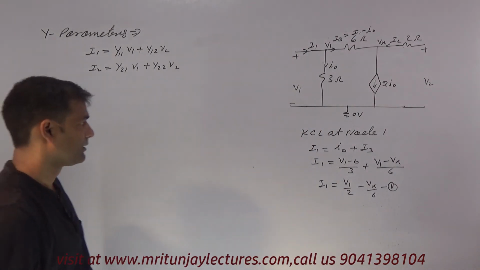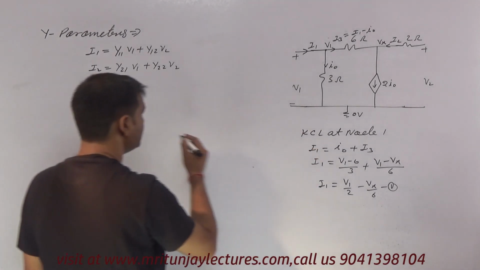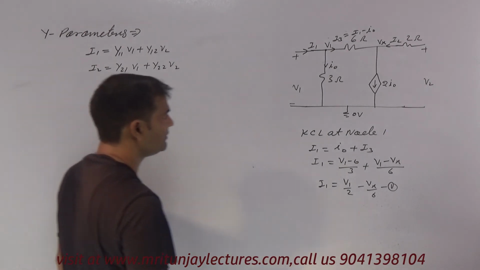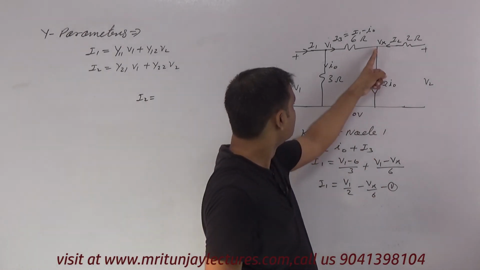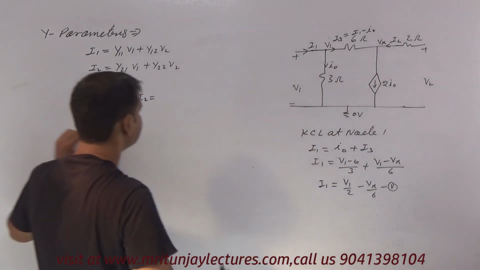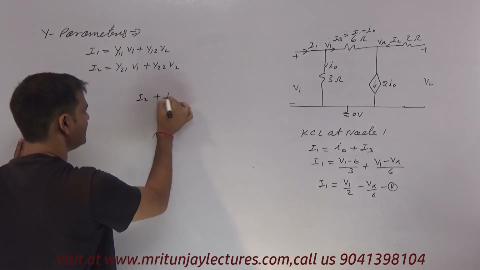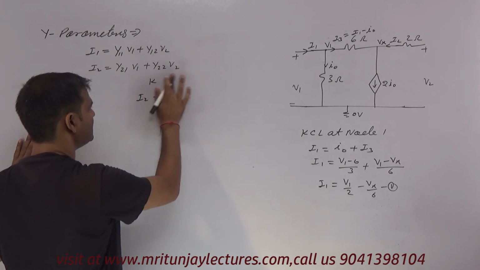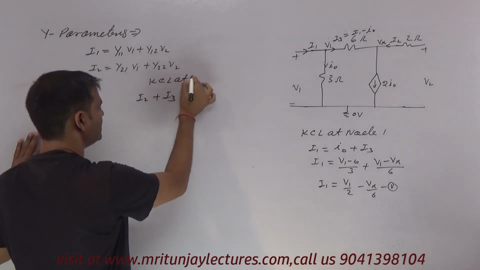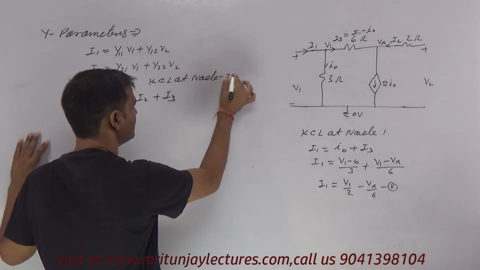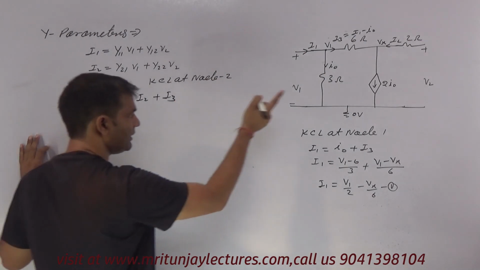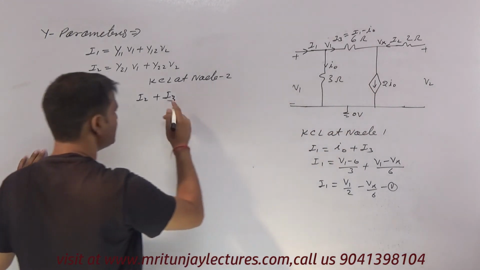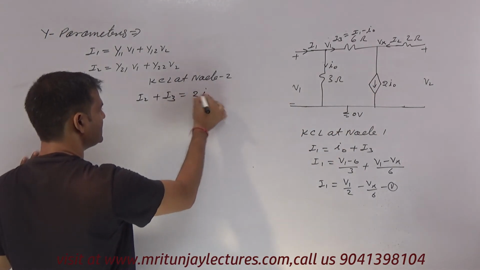Okay, now I2, KCL at node 2. I2 incoming current, I3 incoming current and outgoing current, that is 2 I naught.